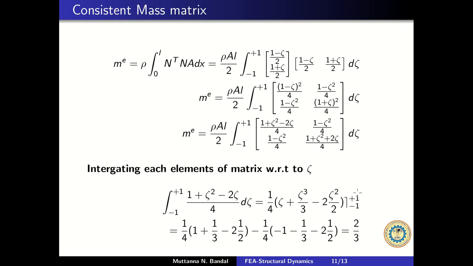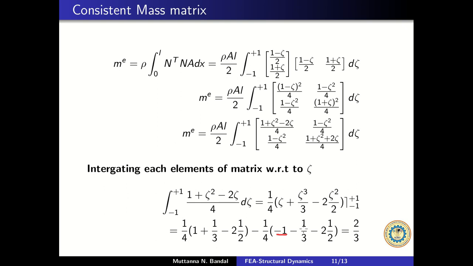Now you put the limits here. Put plus 1: 1 by 4 into, wherever zeta is there, substitute with 1. So zeta is 1 here, plus zeta cube, 1 cube is 1, divided by 3, minus 2 as it is, zeta square is 1 by 2. Minus, I have to substitute the minus 1 limit: 1 by 4 as it is, into zeta is minus 1.